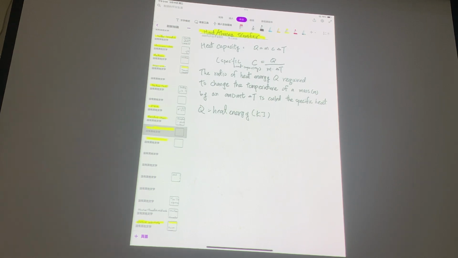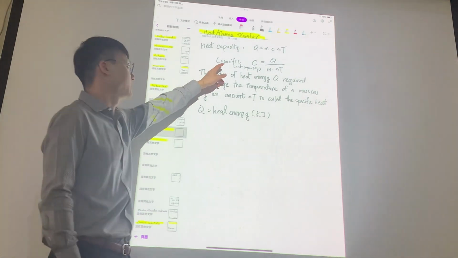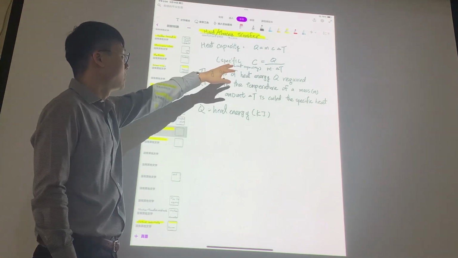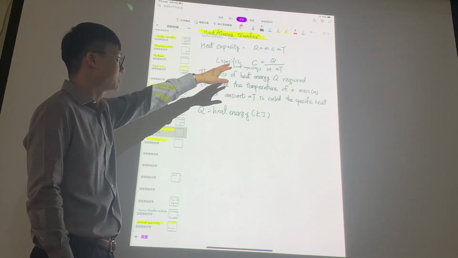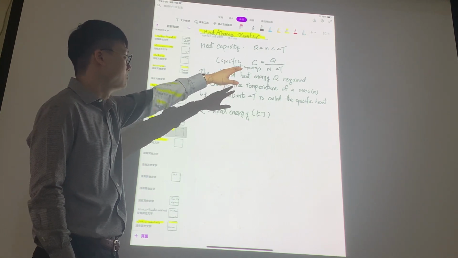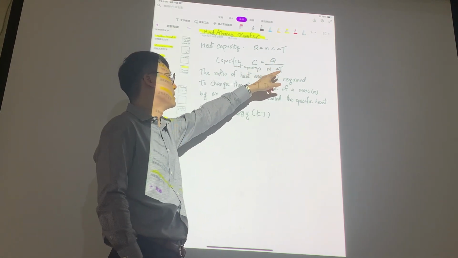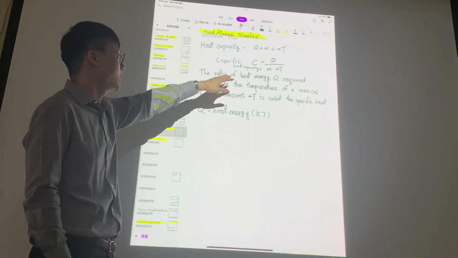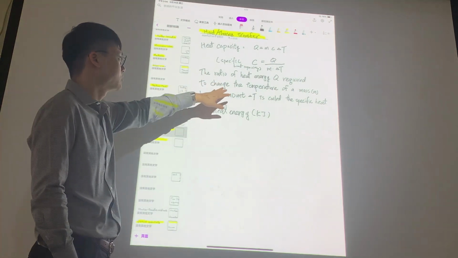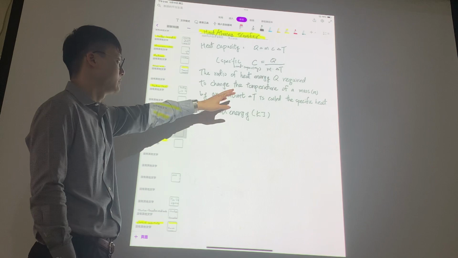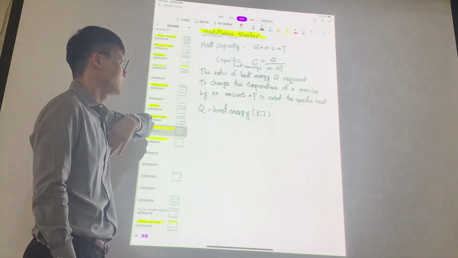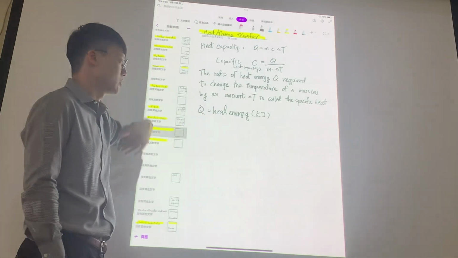Here, C is specific heat capacity. I'm just moving the denominators and numerators, Q and MC. So it's the ratio of the heat energy Q required to change the temperature of the mass by a given amount, and it is called specific heat. So Q here stands for heat energy.